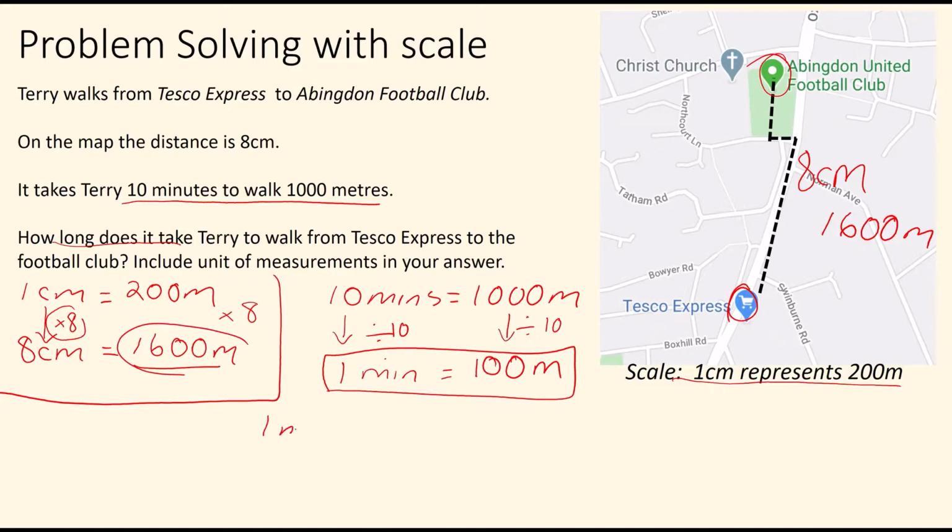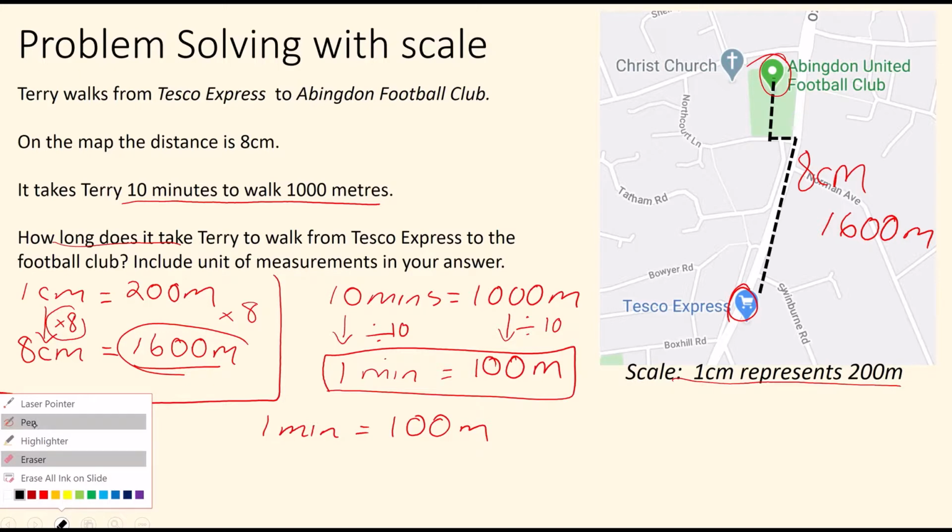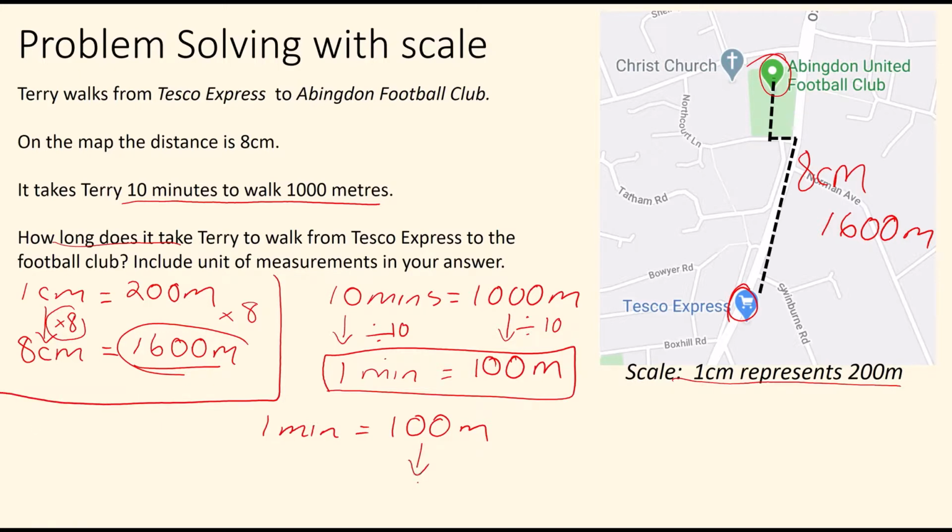So let's write it out again. 1 minute he walks 100 metres. We need to get this 100 metres all the way down to 1,600 metres. And once we can figure out, well, 100 times something equals 1,600, I can then do the same on the left-hand side.